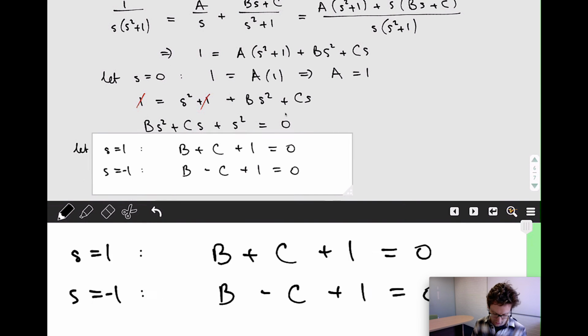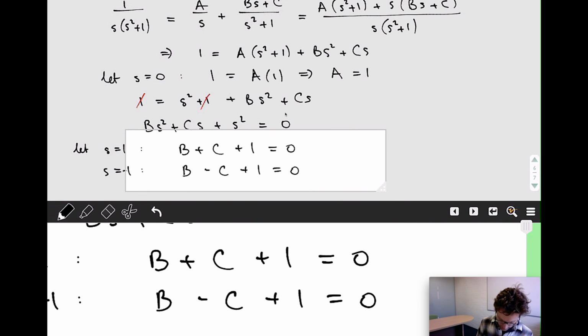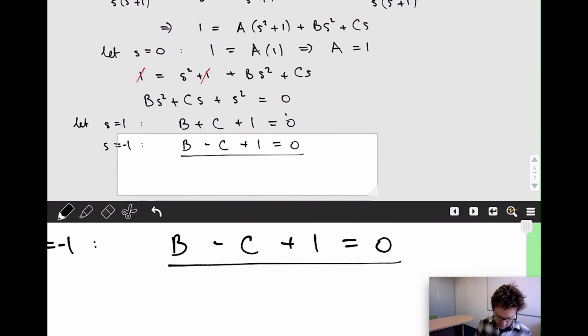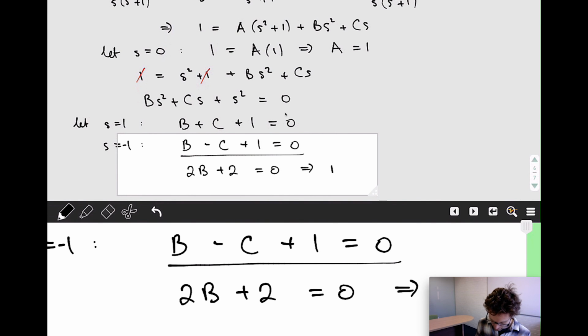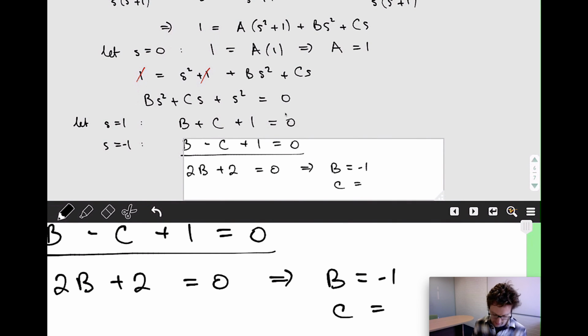So these are two equations for two unknowns. You can see that I can solve them simultaneously. Right away I could just add them together to cancel the C's. So that would give me 2B plus 2 is equal to 0, which gives me B is equal to minus 1. And I can go back now and find C is equal to minus 1 minus B, which is minus 1 plus 1, which is 0.